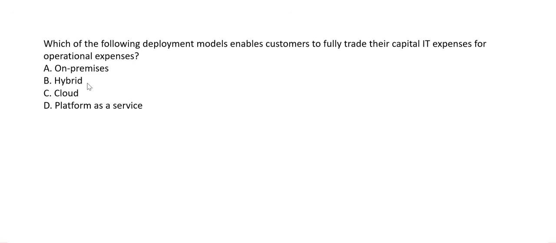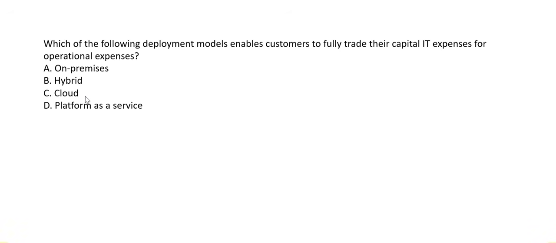Since it's a combination, on-premise will still attract capital expenses. Relatively, compared to on-premises, hybrid is better, but since the question says fully trade, they do not want partial, so hybrid will only partially trade the capital expenses for the portion that is on cloud.